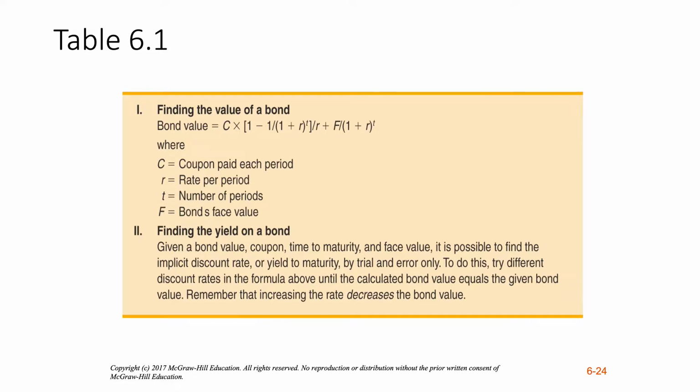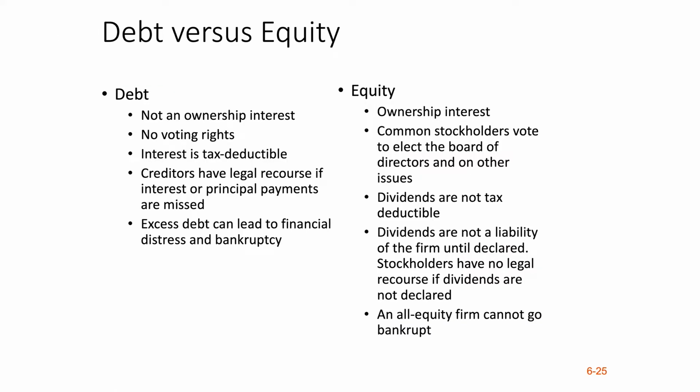Now, I want to spend some time on the features of a bond, which is a kind of debt, and compare it with stock, which we call equity. A bond, a debt, does not represent ownership.